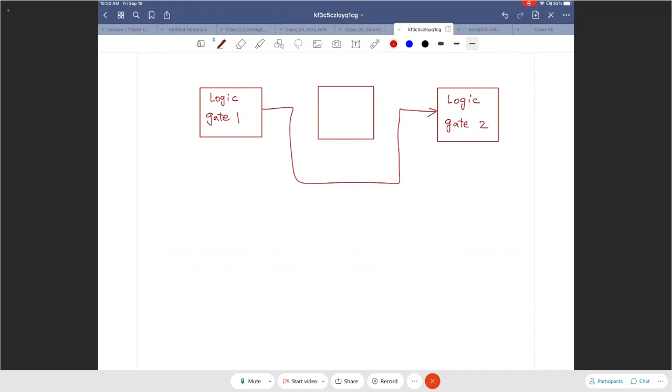Suppose they are cascaded one after the other, so the output of logic gate 1 has to be connected as the input to logic gate 2. For example, a NOT gate connected to an AND gate, and something else over here. So you can see the output of one logic gate is connected to the input of the following logic gate. That's what we are talking about here.